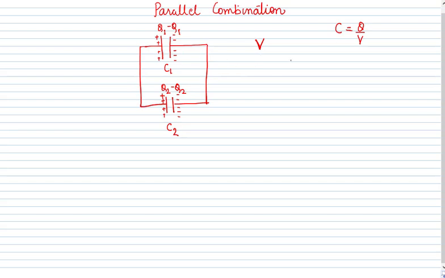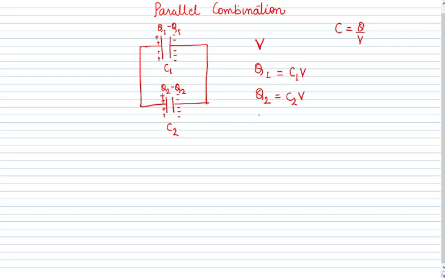Then for this we can write down Q now. If Q is not the same, then we are terming these as Q1 and Q2, plus minus Q1 for C1 and plus minus Q2 for C2. So from this magic formula, Q1 comes out to be C1 into V, because in parallel combination V is the same. So Q1 is equal to C1V and similarly Q2 is equal to C2V.